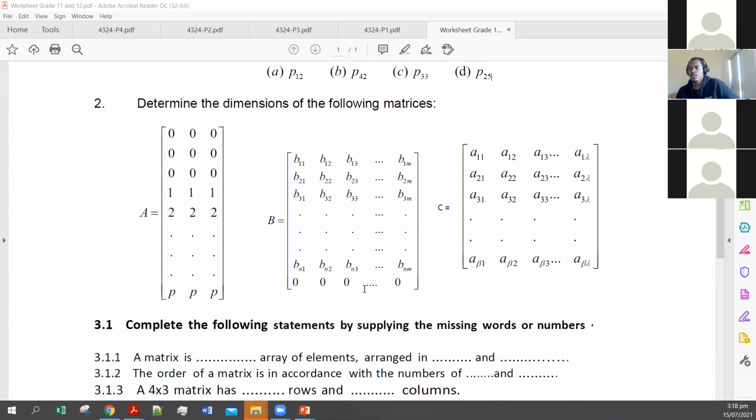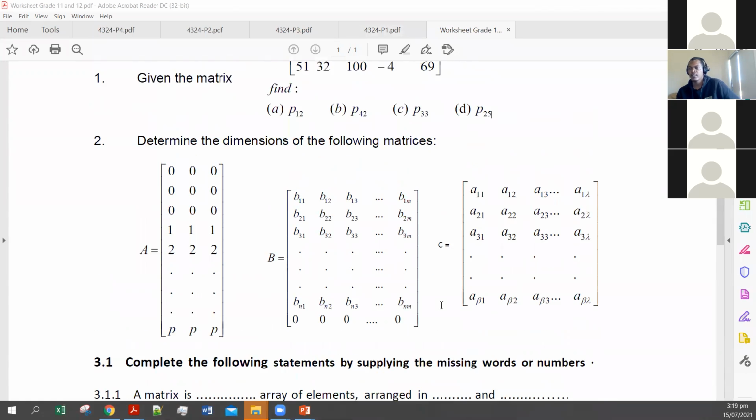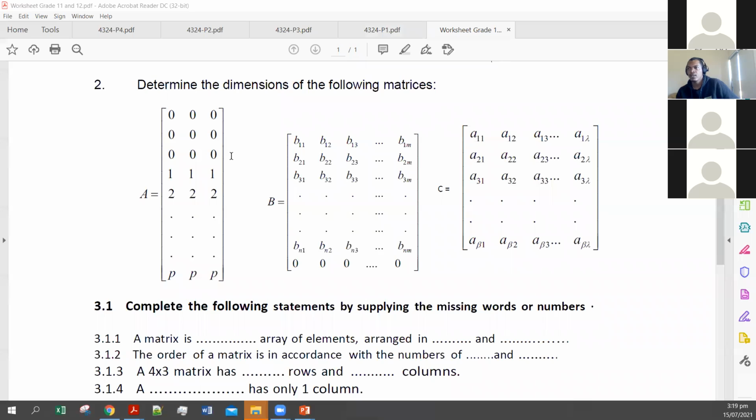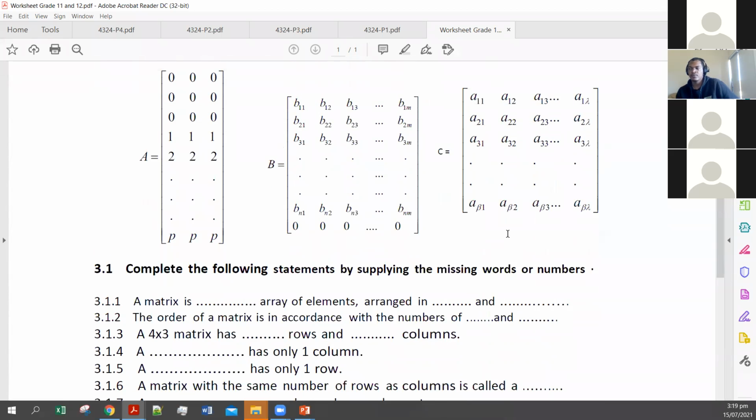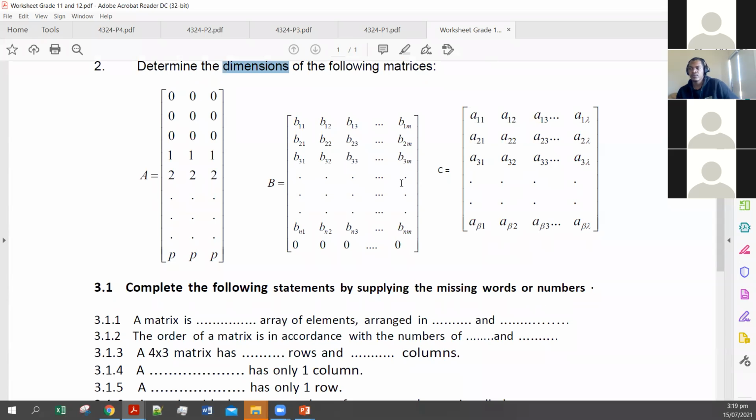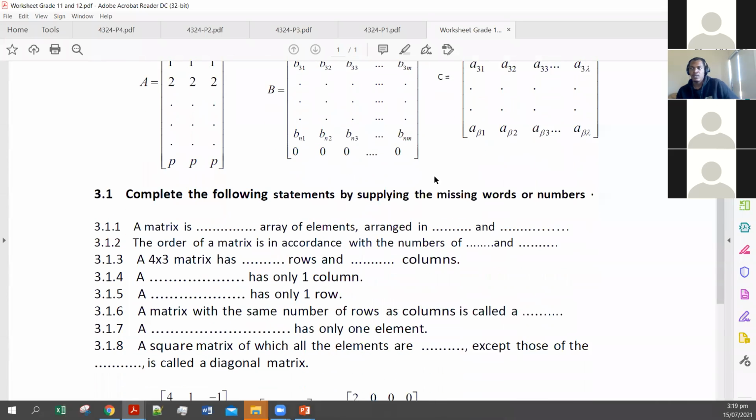Over here, we have another activity. Here, we just want you to find the dimensions or order or size of the matrices that we have given to you here. You can try and attempt it as well.